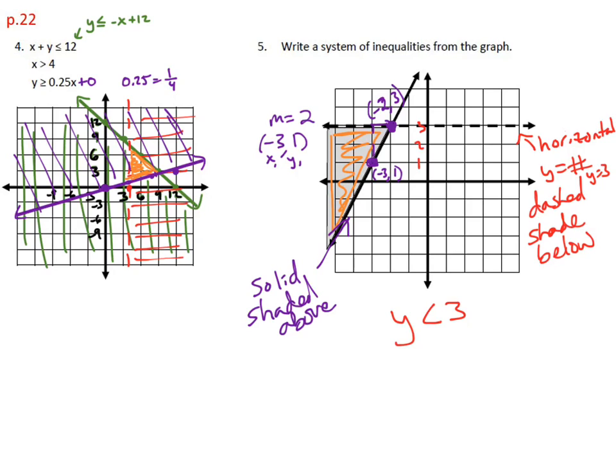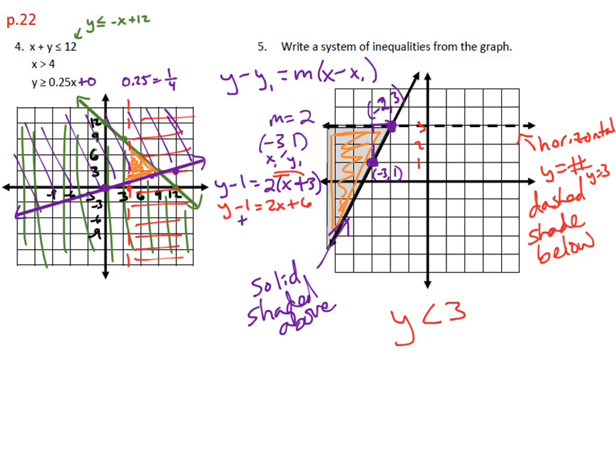So remember, point slope form: y minus y1 equals m times x minus x1. Substituting in those values, I'm going to have y minus my y1 value of 1 equals my slope of 2 times x minus my x1 value, which is negative 3, so that becomes a positive 3. And then just a quick distributive property here: y minus 1 equals 2x plus 6.